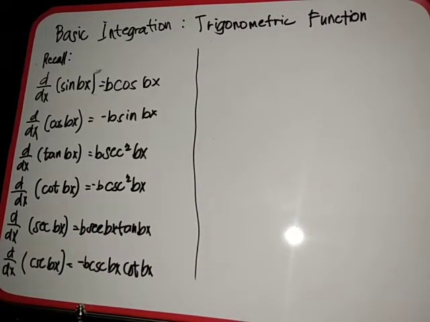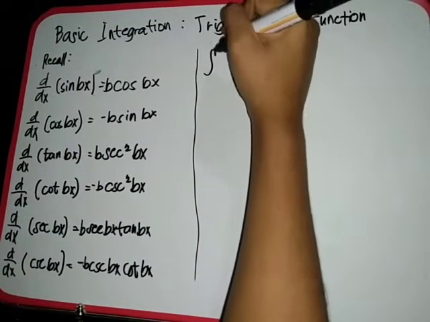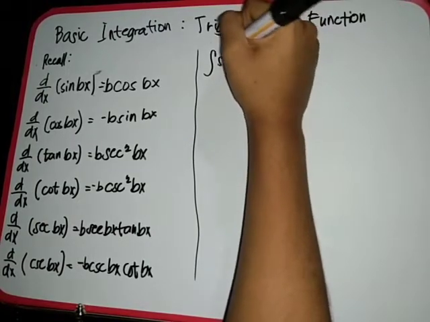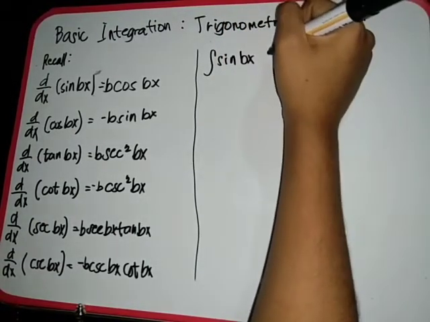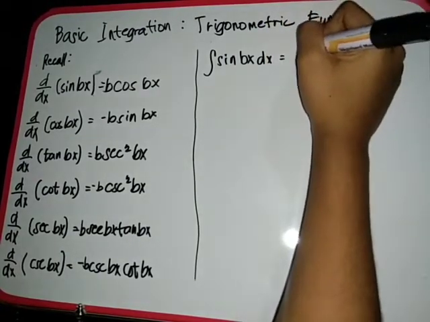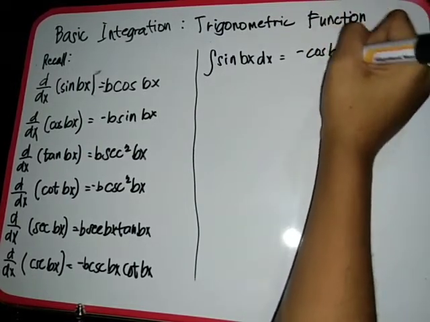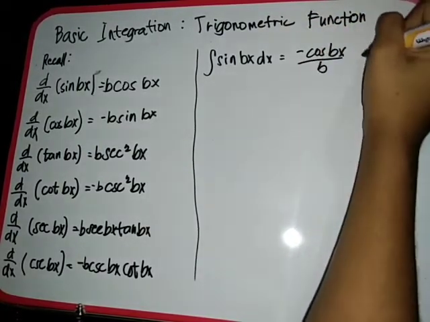So, in integral calculus, the trigonometric function formulas are: the integral of sine bx dx is equal to negative cosine bx over b plus c.